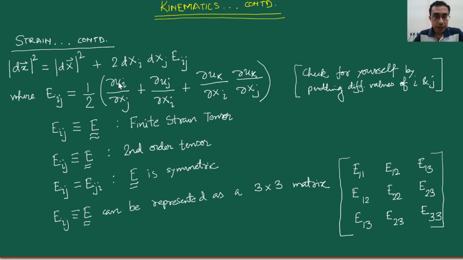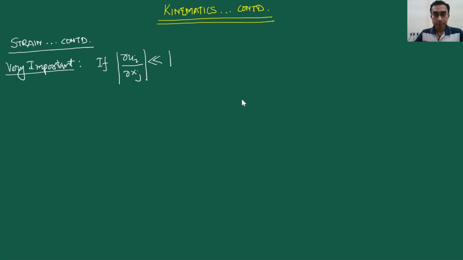So this is like 0.1 of that order, and this is one order less than that, because it's a multiplication of two small numbers, both less than 1. So we may, to a good engineering approximation, say that if the del ui del xj magnitude is smaller than 1, then for all intents and purposes this quadratic term can very well be dropped.